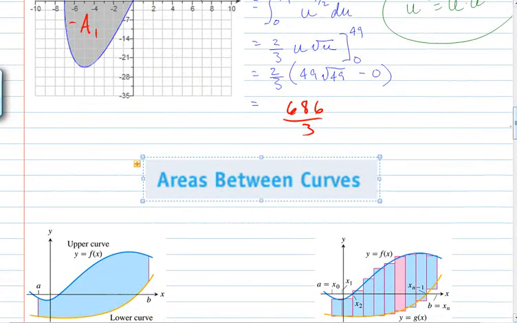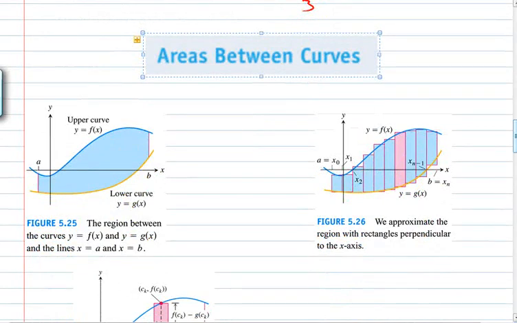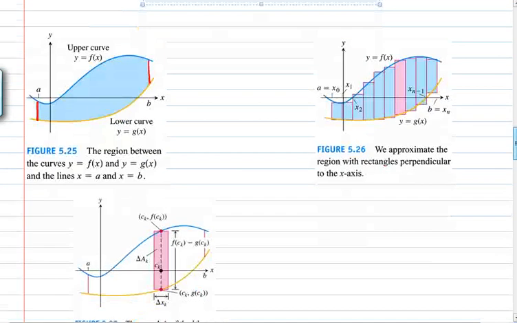All right, now, we've already discussed the area between two curves. The region between two curves, f of x and g of x, and the lines x equals a and x equals b can be approximated using rectangles perpendicular to the x-axis.